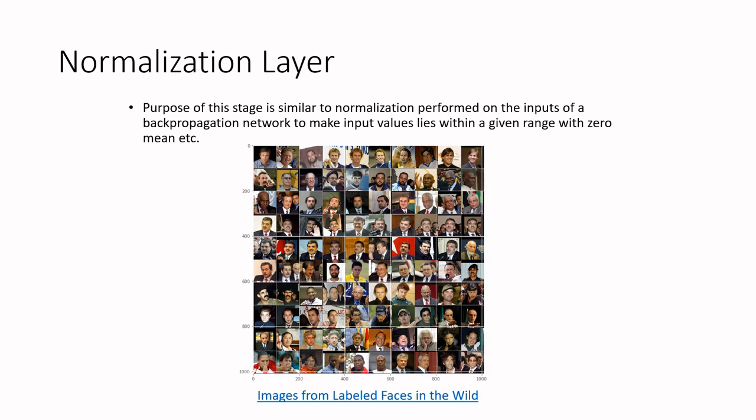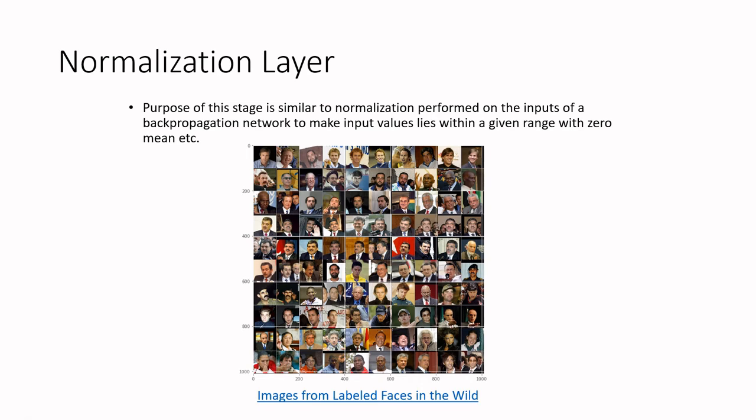So that's why it's important that we perform normalization even on the input images that will be fed to our deep learning network for learning the features and for learning to recognize between different objects.